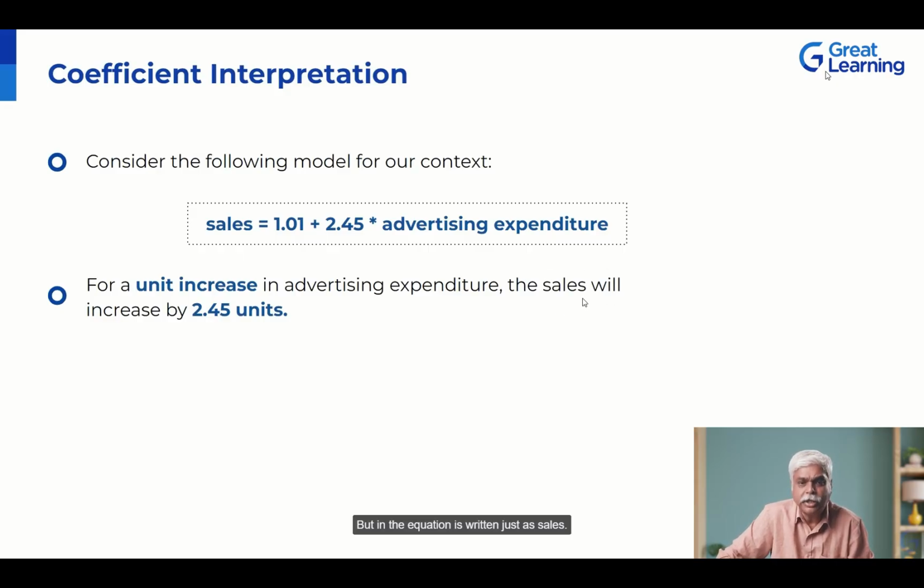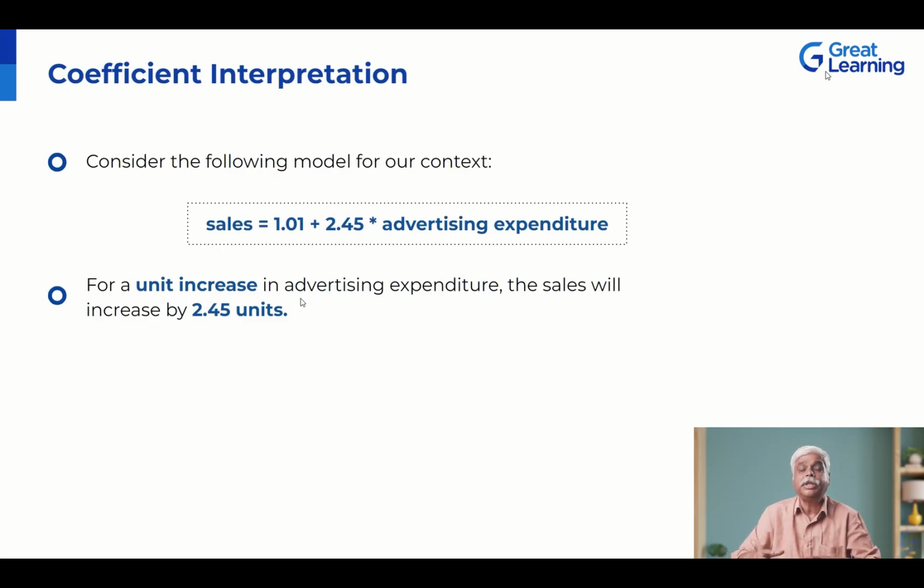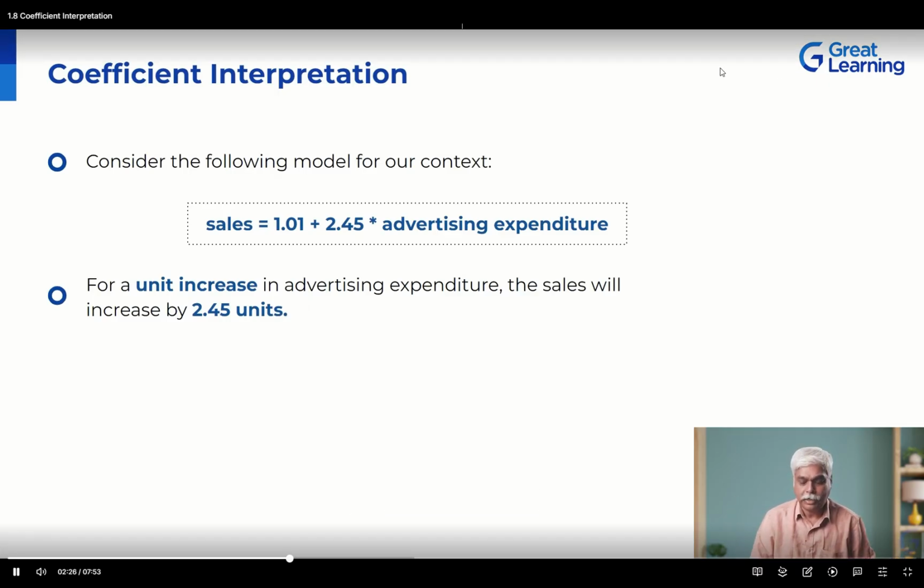In the equation it is written just as sales, but remember, sales here, in prediction mode, predicts an average sales. So if I have an advertising expenditure, I can also use this equation to predict sales. But for now, I'm simply using it to understand to what extent advertising expenditure is a driver of sales.